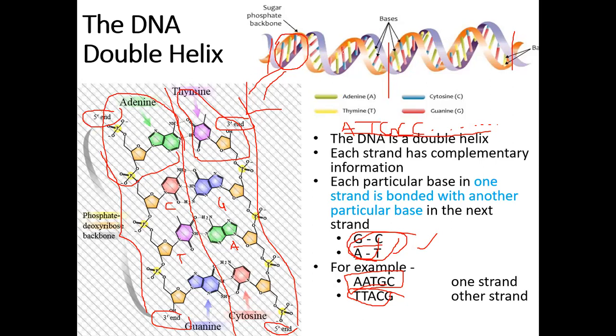In the real DNA, A is combined with T always. On the other side, if you see A in green color, you can always see the yellow color, T, on the other side. So that is in the DNA.